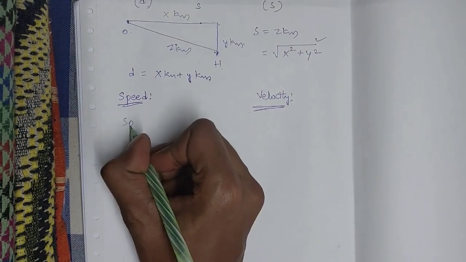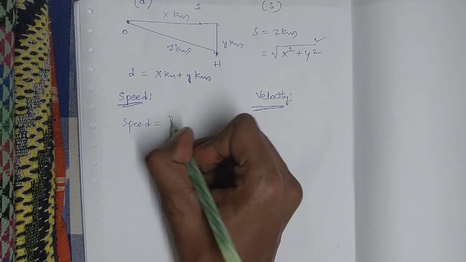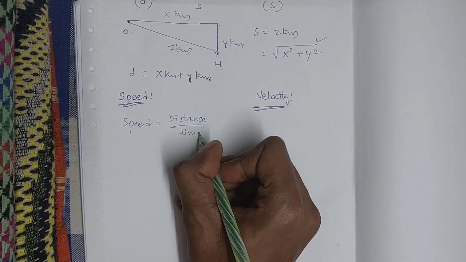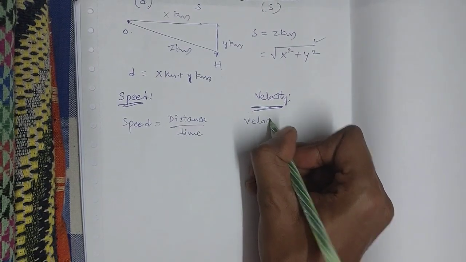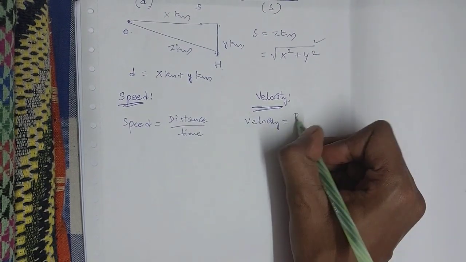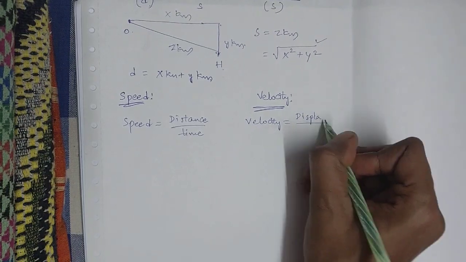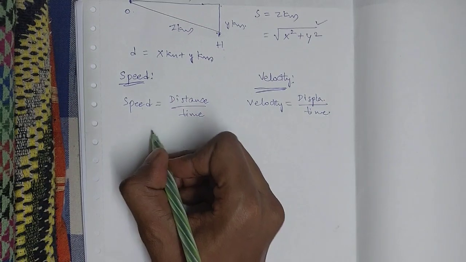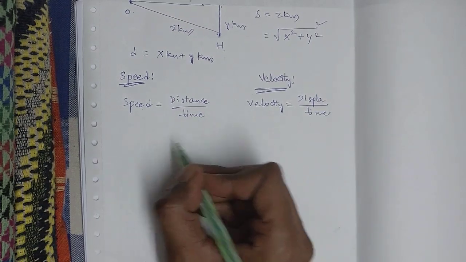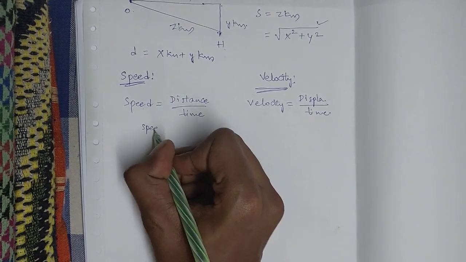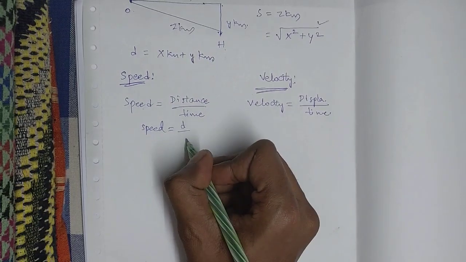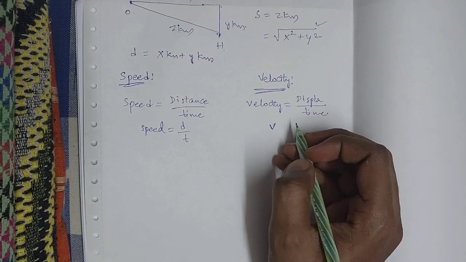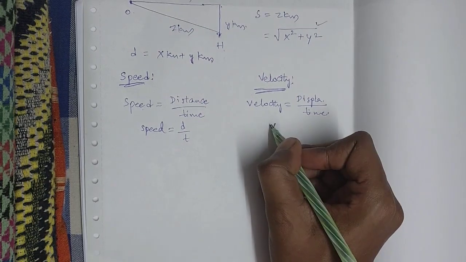Speed equals distance traveled by time. Velocity equals displacement by time. So speed will be equal to distance d by t. As velocity is a vector, it has direction.